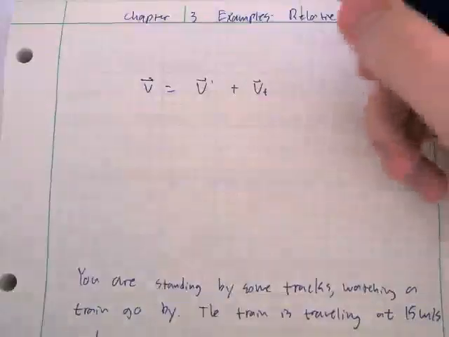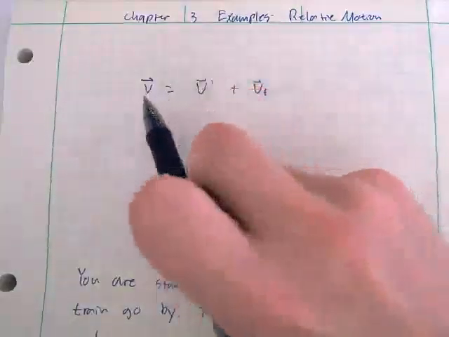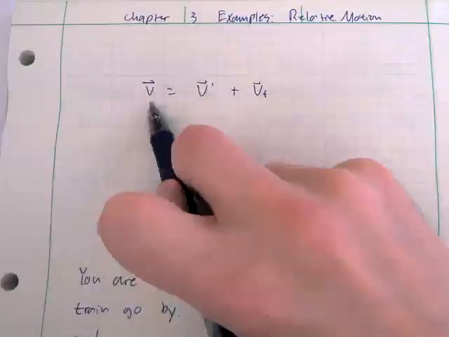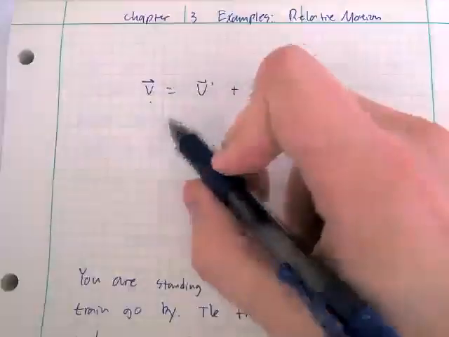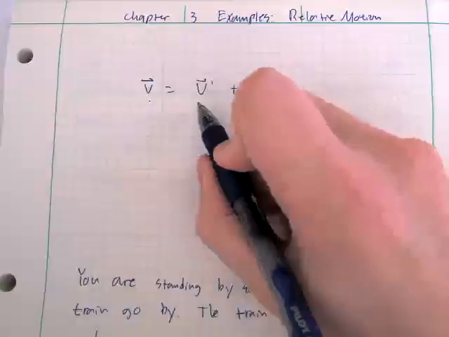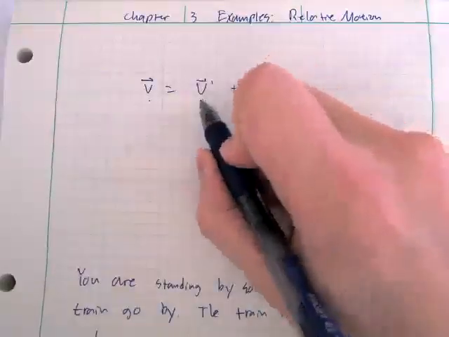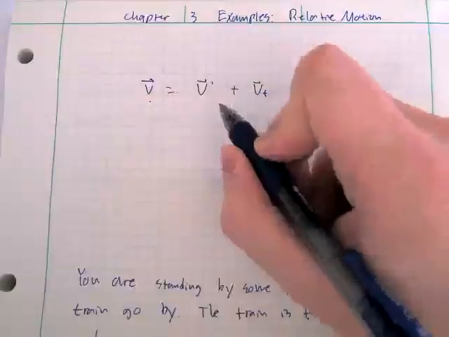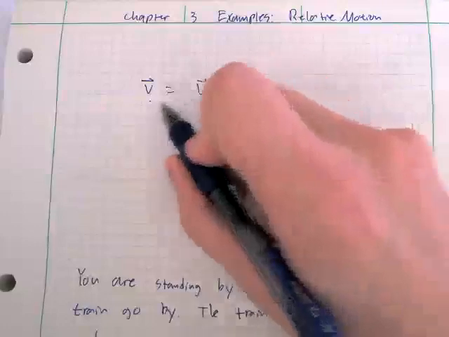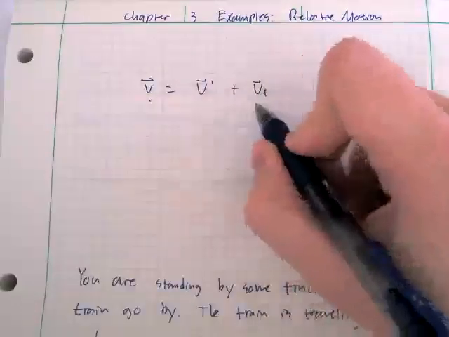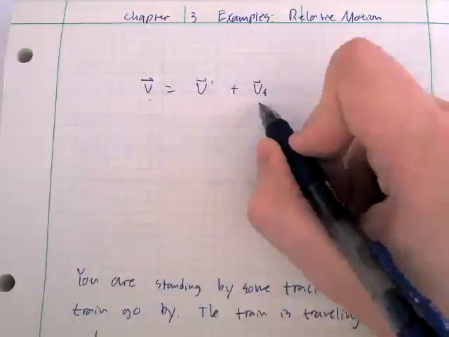So let's look at what this means. What I have written out is that the velocity of your object relative to the stationary frame is equal to the velocity of that same object inside the moving frame. So we have v equals v prime plus the velocity of the moving frame itself.